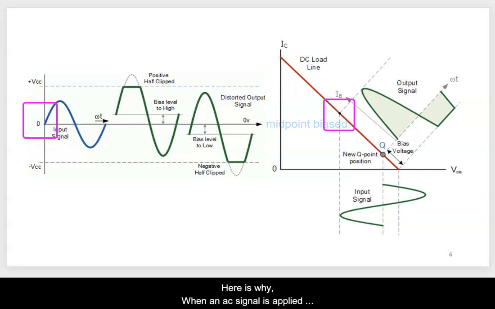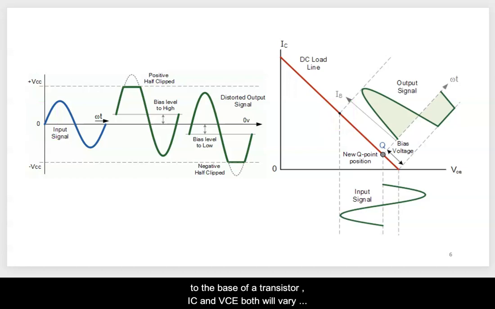Here is why. When an AC signal is applied to the base of a transistor, IC and VCE both will vary around the Q point. Hence, a centered Q point provides the maximum possible transitions above and below their initial values. Let's think about this.